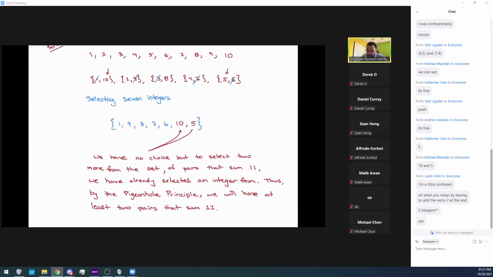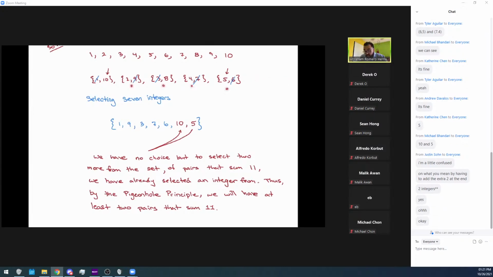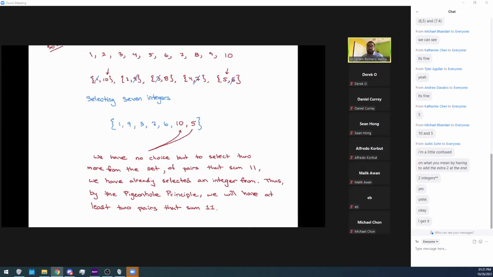In other words, I had no choice but to pick 2 more from this set. That's what I'm trying to say. I couldn't pick from any other set, because I've written down all the possible first 10 integers.